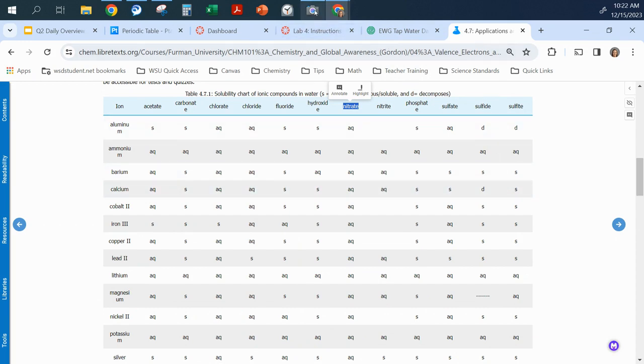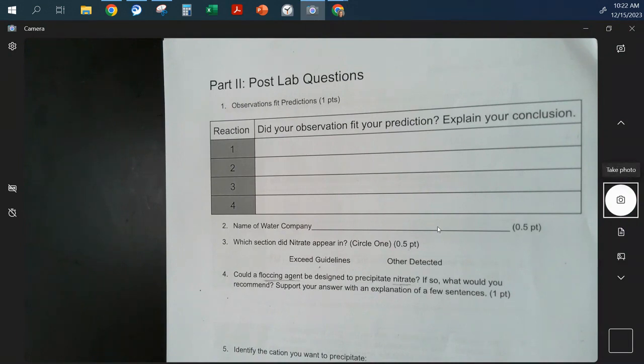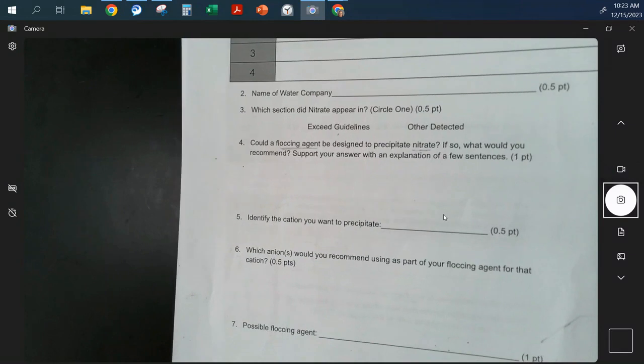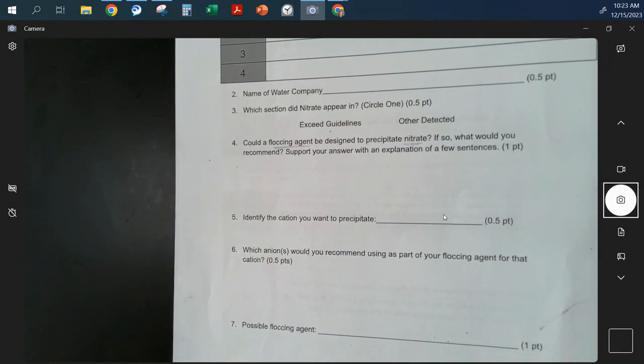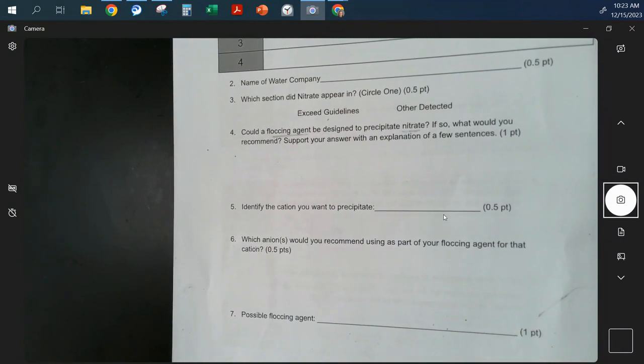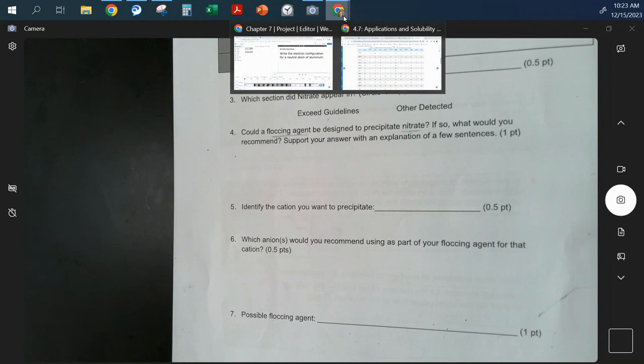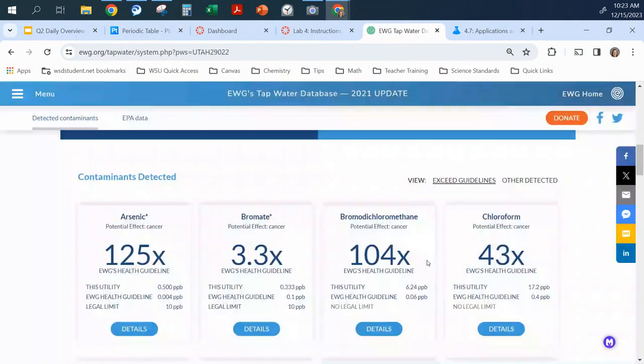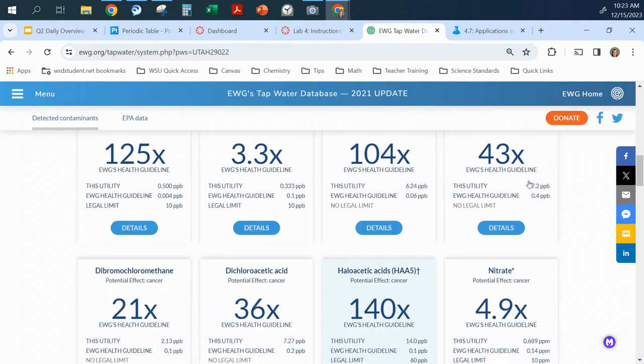Okay, so the next question is asking, well, if you can't make a flocking agent for nitrate, let's pick a different ion. So pick a different ion that you want to precipitate. So look back at this chart, and we can look at other, we can look at exceeded.